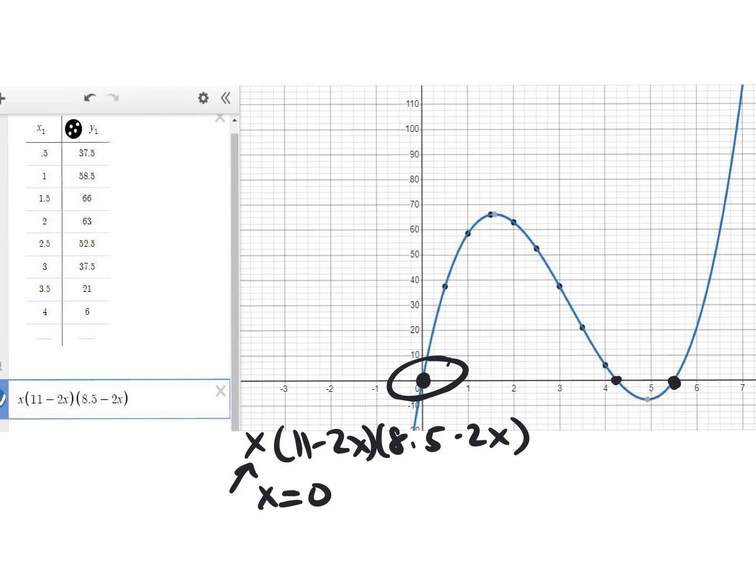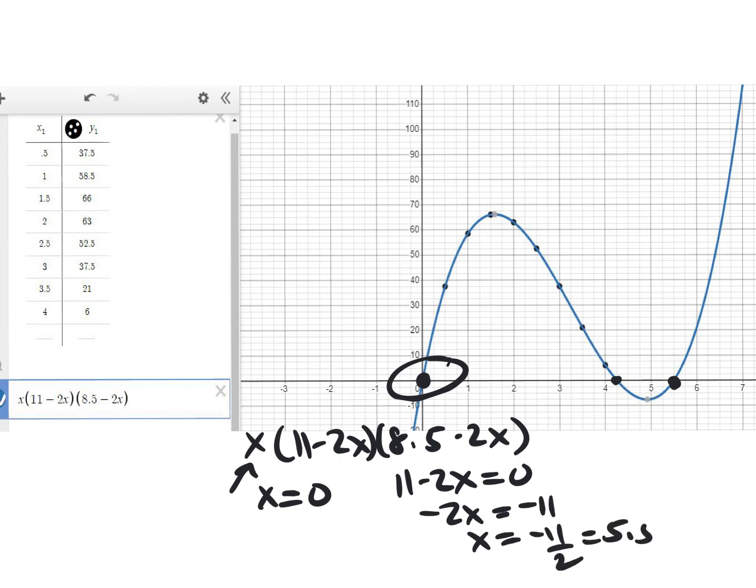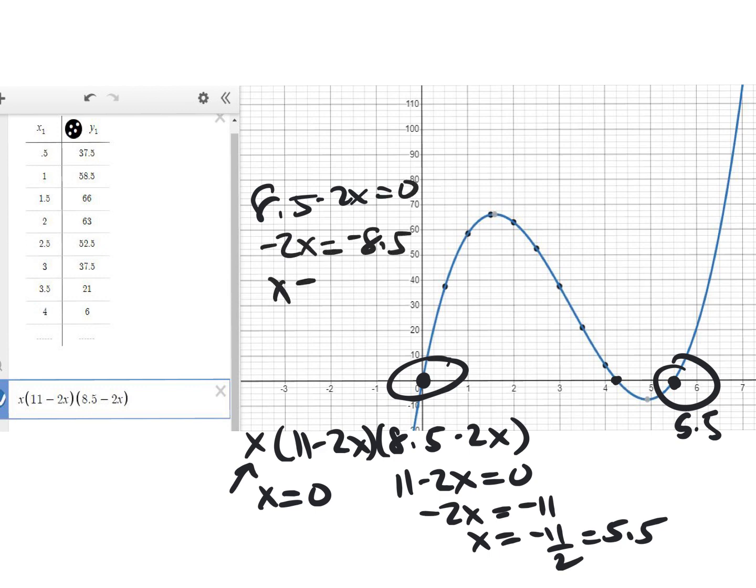If I want to solve 11 minus 2x and set it equal to 0, I get negative 11 divided by negative 2, which is 5.5. That is this x-intercept, 5.5. And then if I set 8.5 minus 2x equal to 0 and solve, I get 4.25.